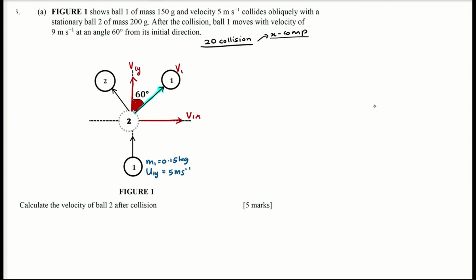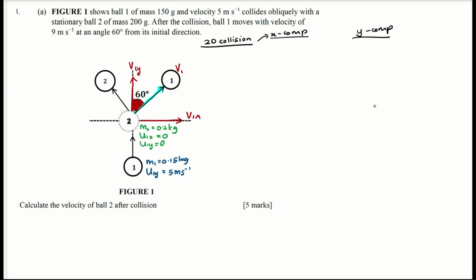Okay, so Y component saya tulis kat tepi ni. For second object, M2 is given and the mass is 0.2 kg, but dia tak ada U1X, U1Y pun tak ada, equal to 0. U1Y dia kosong.